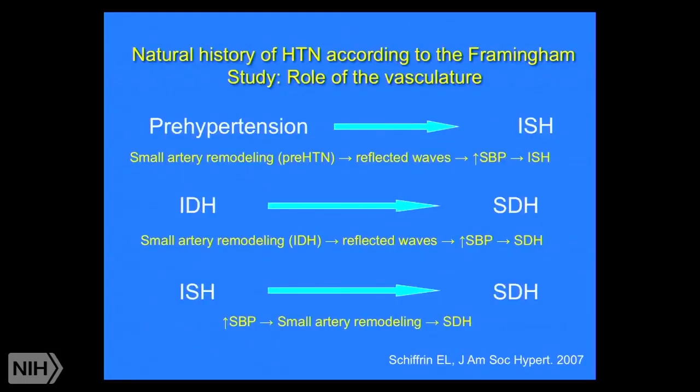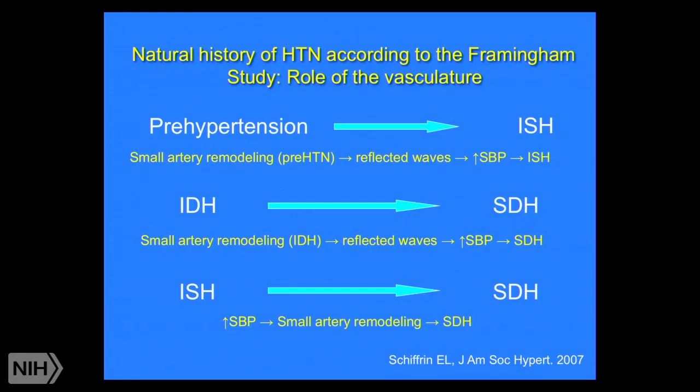Now, what about the natural history and contribution of small artery remodeling to hypertension? This is actually based on studies coming from Framingham, where they looked at evolution of hypertension over 10 years.